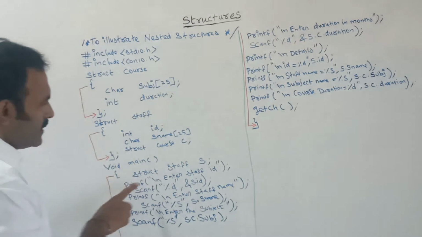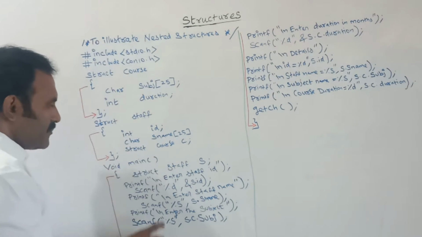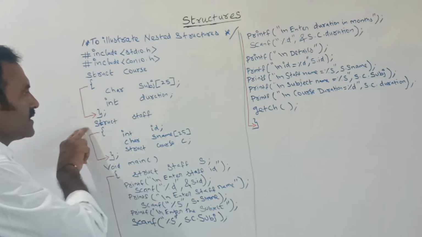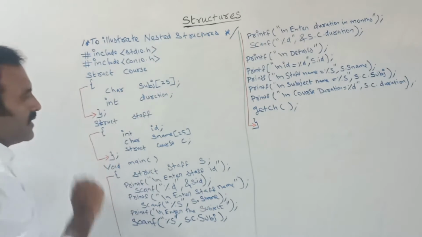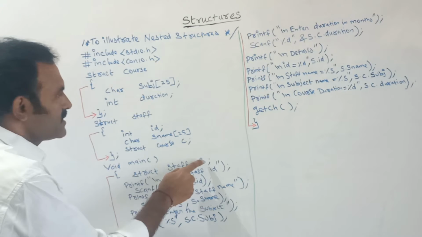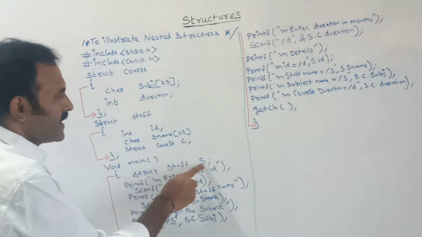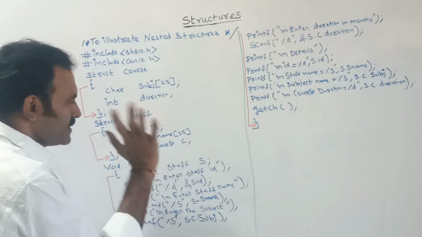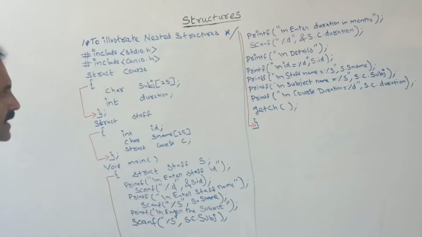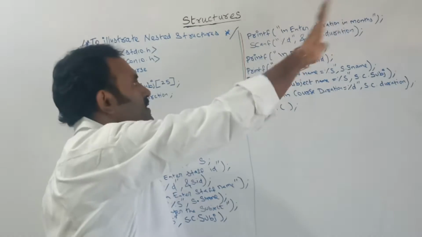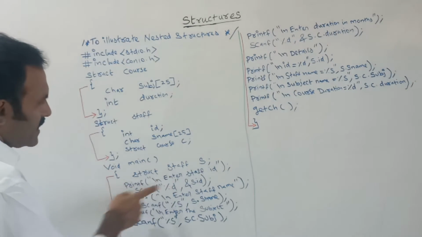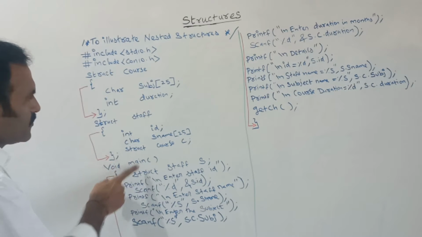Next, void main. In the main part I am creating the structure variable for the second structure, that is staff. So the structure name is staff. For this structure staff I had created the structure variable S. So from here I am getting the details for these two structures. First, printf enter the staff ID. Here I am giving the input for the ID.